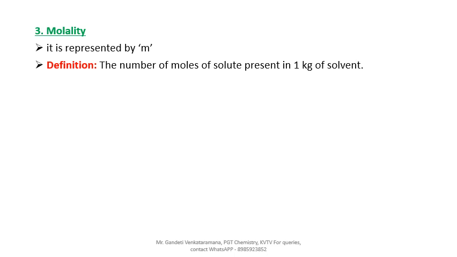What is the definition of the molarity? The number of moles of the solute present in 1 liter of the solution is called molarity. But 1 kg of the solvent is molality. Students, this is very important formula and definition.